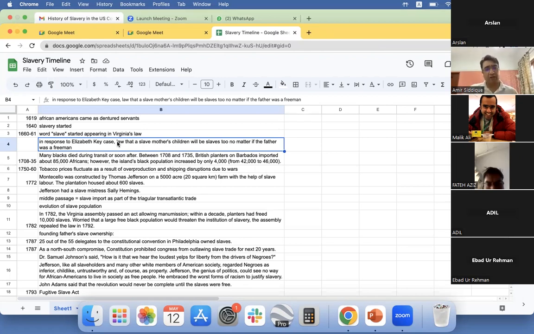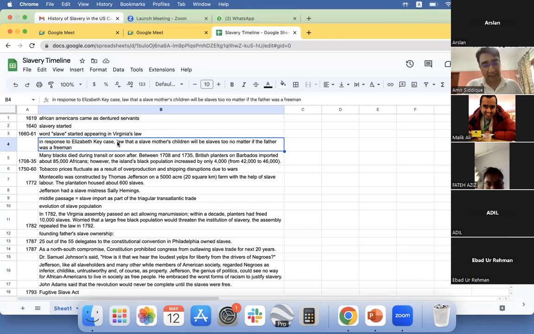So among all these founding fathers, there were 55 people involved in what is called the Constitutional Convention or the Philadelphia Convention, who wrote the Constitution in 1787.